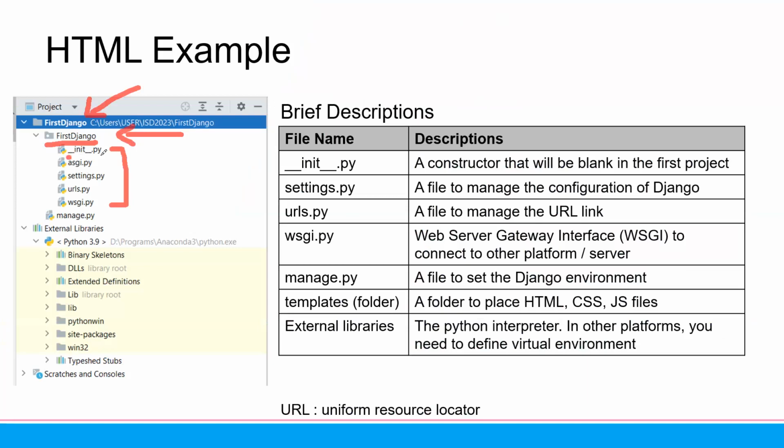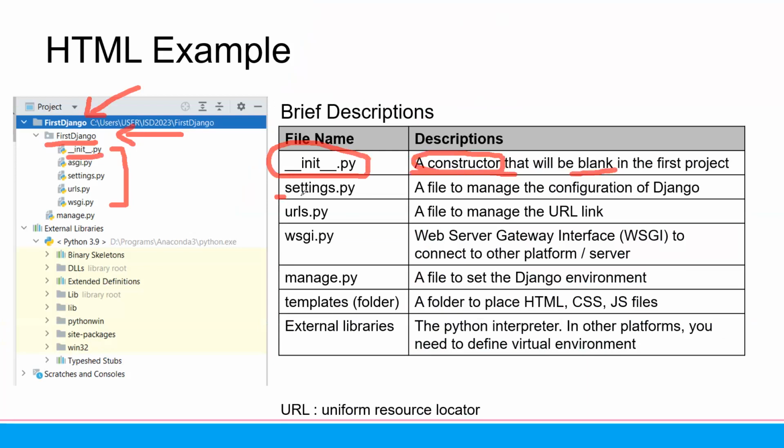We have the init.py. We call this a constructor. Whenever you create an application in Django, there will be this file, so you don't need to worry. This file is the constructor to construct your application, and it will be blank.